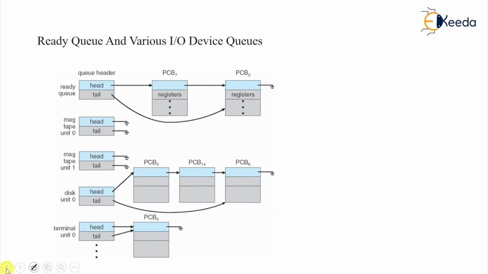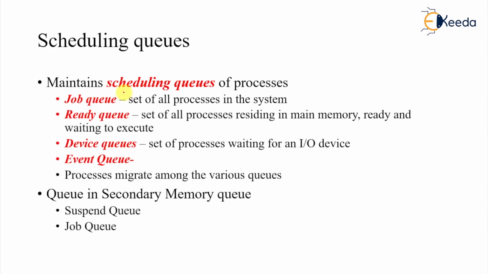So now we have a few scheduling queues of processes. The first is the job queue. Job and process are synonymous terms. The job queue is the set of all processes in the system.